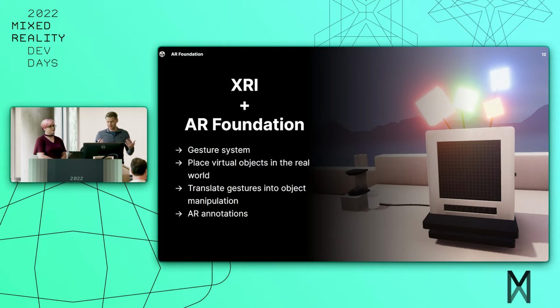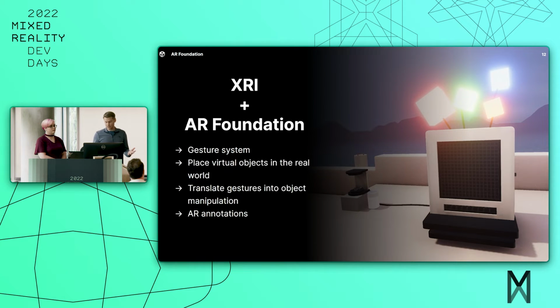In addition to that, we have a translation layer that takes AR gestures and interactables and translates common gestures such as placement, selection, translation, rotation into manipulations of your AR objects in your AR world. And last, we have AR annotations, allowing you to mark annotations on AR objects in the real world, so other people who are experiencing it will see what annotations you left.